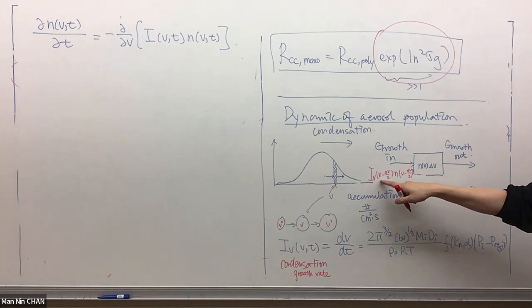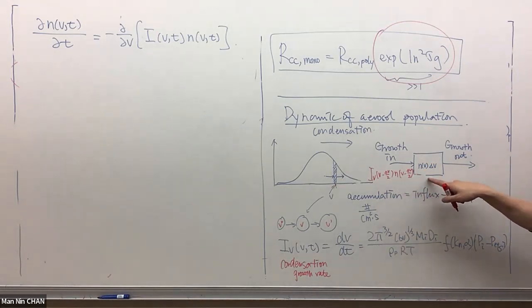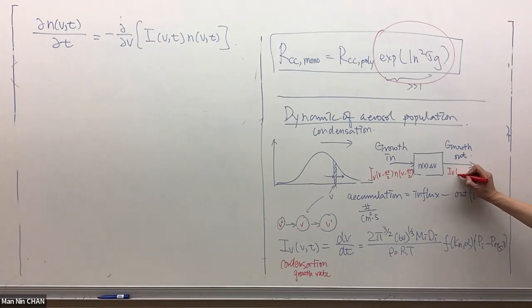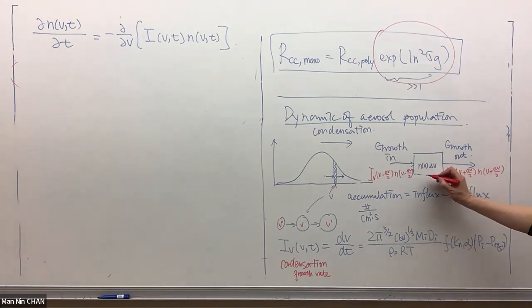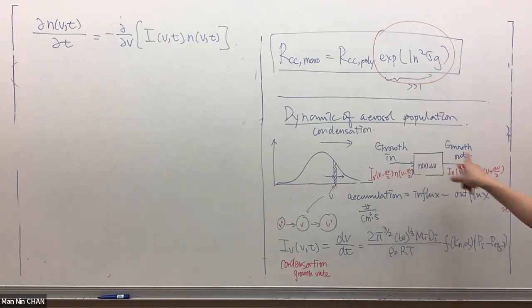These are smaller particles that grow and become the particle size that we are interested in. You can also argue the same for the growth out. So you are just looking at the difference between these two.